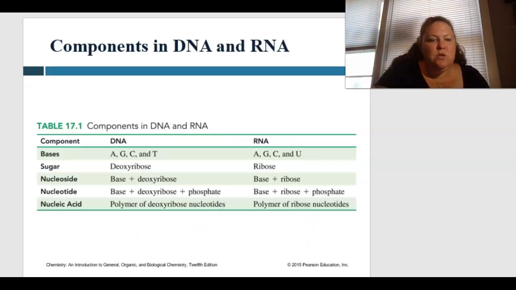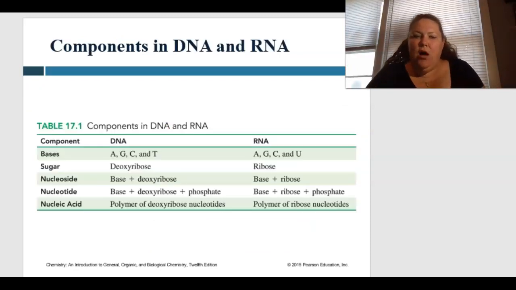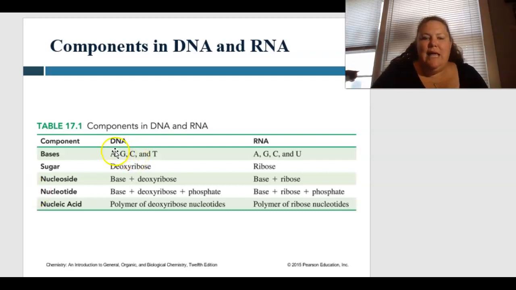Okay, so looking at the components of DNA and RNA, DNA has A, G, C, and T. The sugar is deoxyribose, and the nucleoside is a base plus a deoxyribose. The nucleotide is a base plus the deoxyribose and a phosphate, and then the nucleic acid would be a polymer of deoxyribose nucleotides.